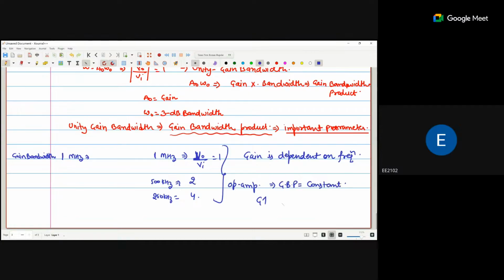If you increase the gain, bandwidth reduces. If you increase the bandwidth, gain reduces. So the product will remain constant.